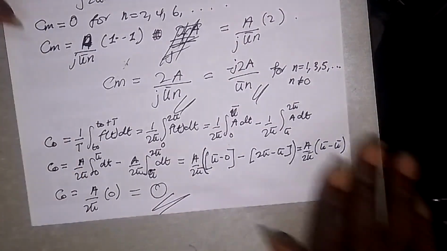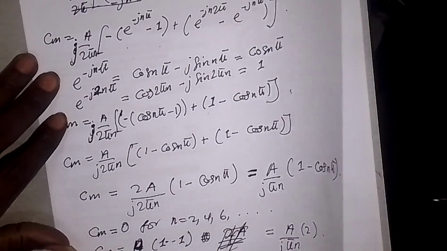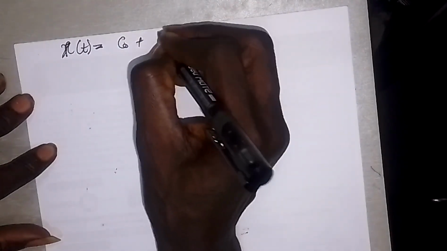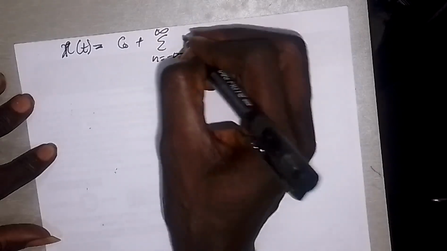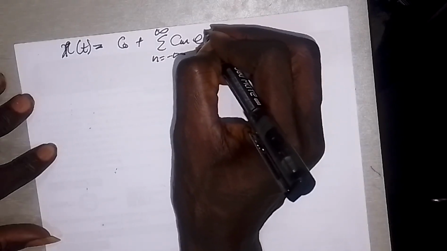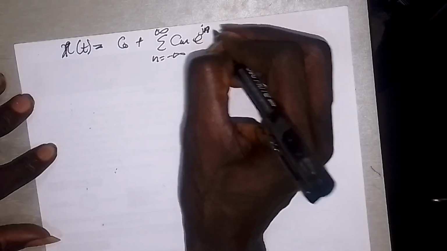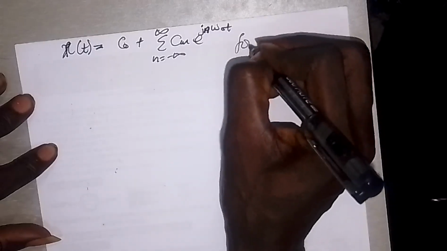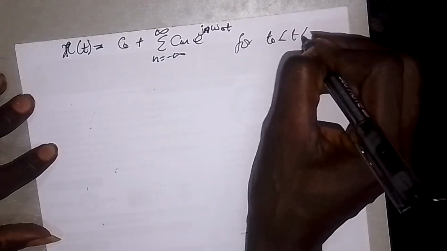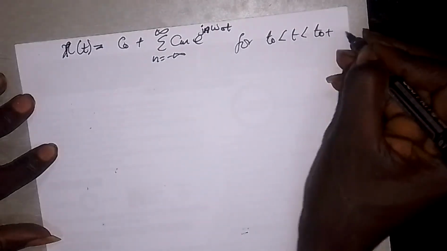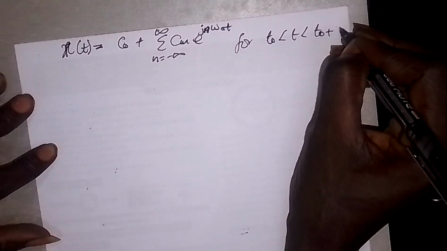Now if you are writing your overall equation, x of t is equal to C naught plus the summation from n equals minus infinity to infinity of Cn e to the power j n omega naught t, for your interval t naught less than t less than t naught plus T. But instead of writing plus T, you can put in the formula.